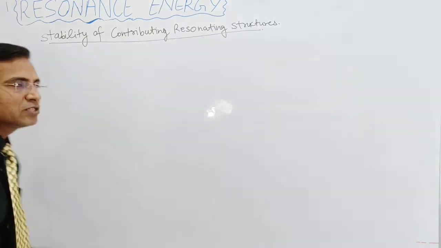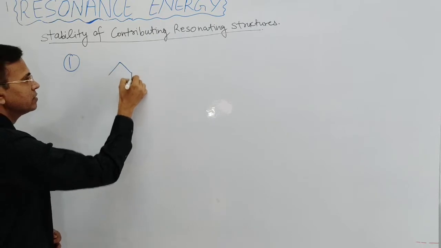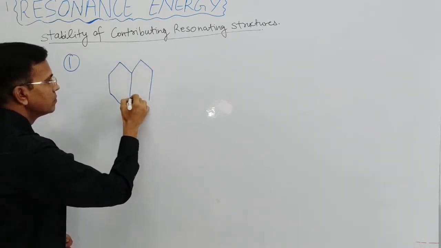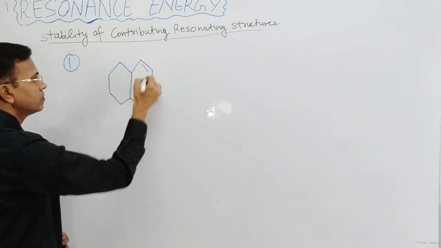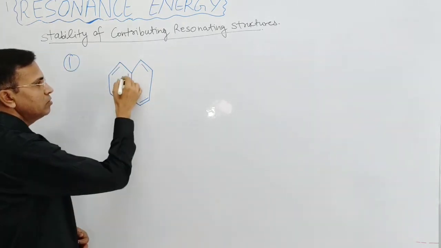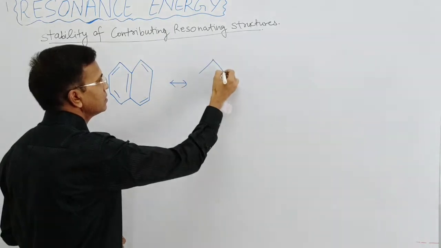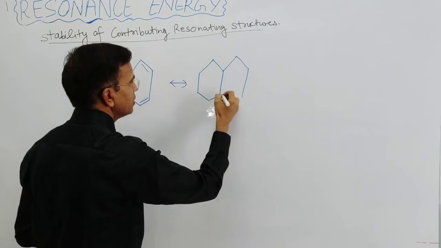The first example is of naphthalene. This. Now the conjugation is there, delocalization of pi electrons. The three resonating structures will form.